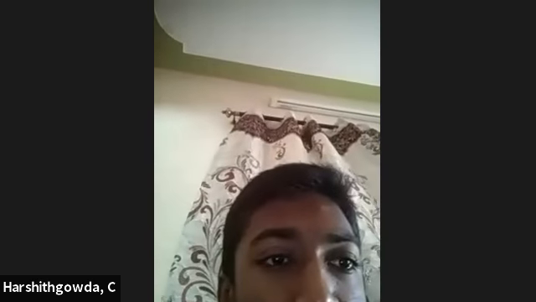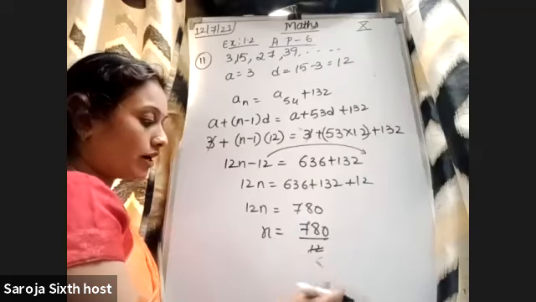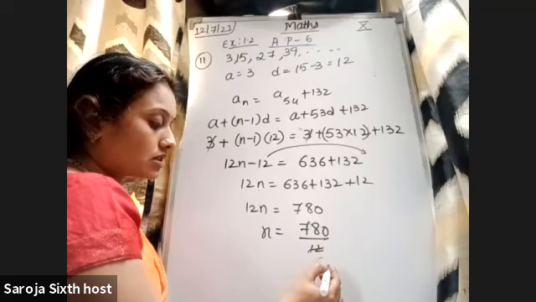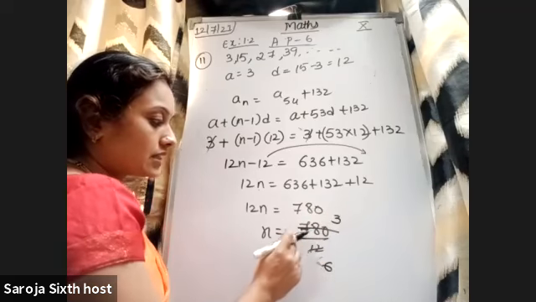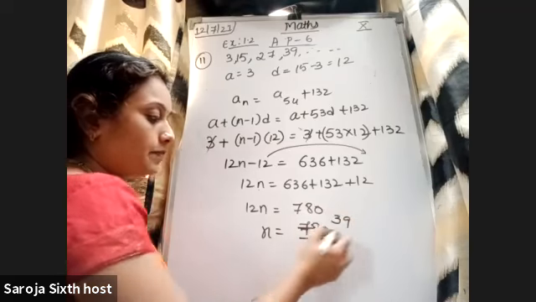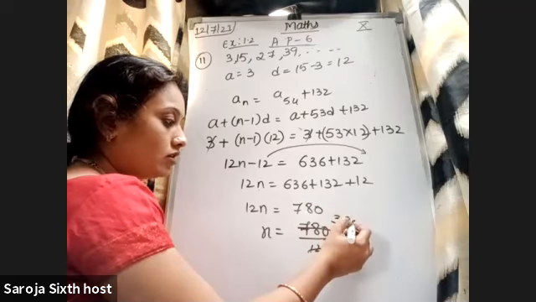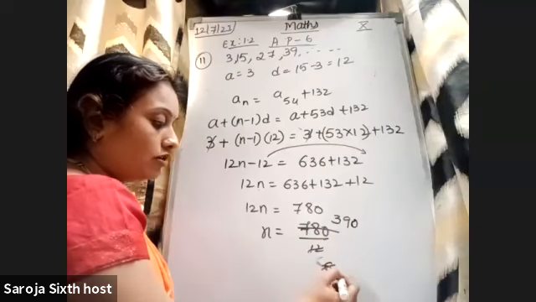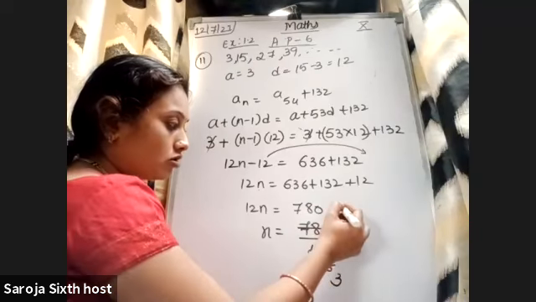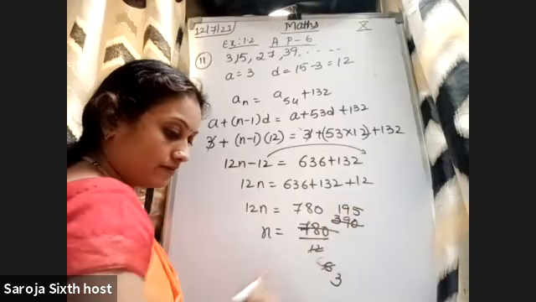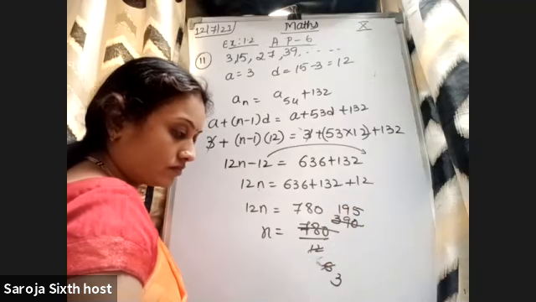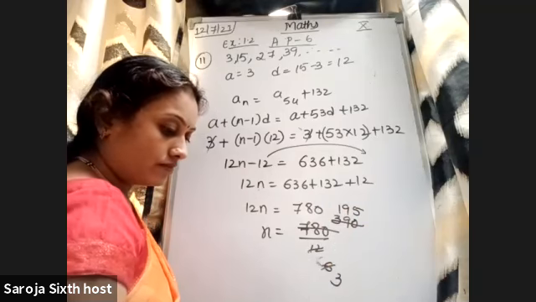Divide by 2 first. 2 sixes are 12, 2 threes are 6, 2 nines are 18. Will you solve this further?